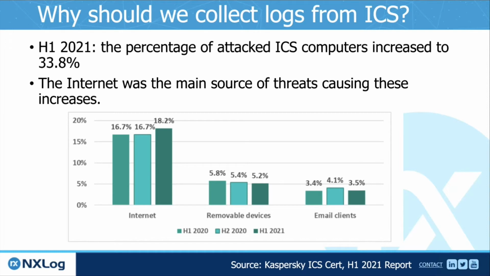When we take a look at the report provided by Kaspersky for the first half of 2021, they claim that almost 34% of ICS computers were attacked. If we compare this data with other reports, we can get the impression that this number is sort of conservative, because other resources claim that this number is even above 60%.